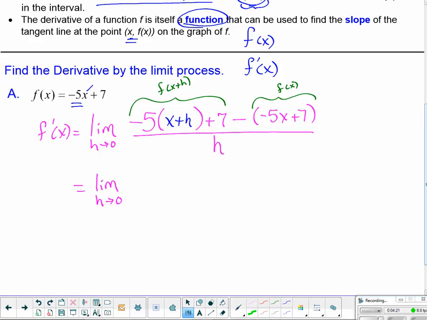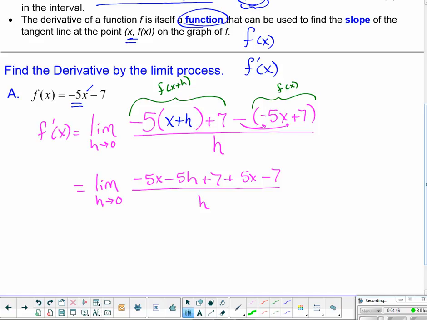And I think I'll take my -5 and distribute it through. And I'll also take this negative and distribute it through, so I get a positive 5x and a -7 over h. So on top we have -5x minus 5h plus 7 plus 5x minus 7.